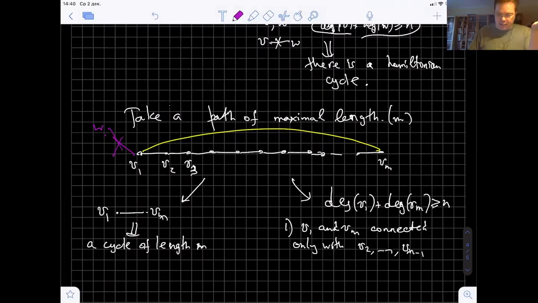So this is not happening here. So v1 and vm are connected only with the vertices v2 through vm minus 1.